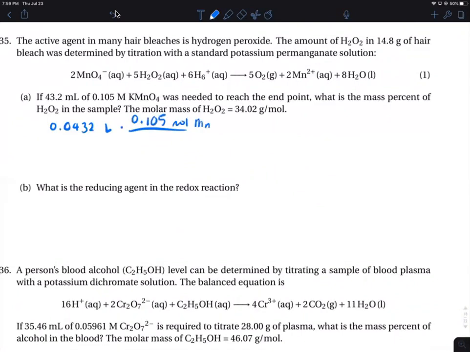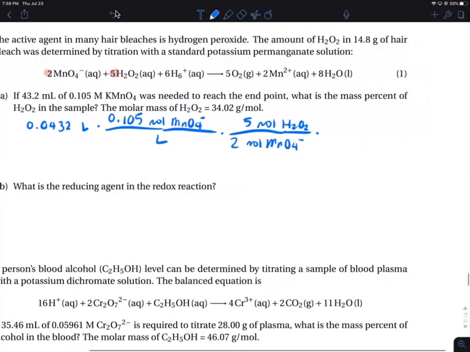For every liter, that's going to give us something in moles MnO4 minus. From there, we can convert into moles H2O2 by using the molar ratio given in the equation. And then we can find the mass by multiplying by the molar mass.